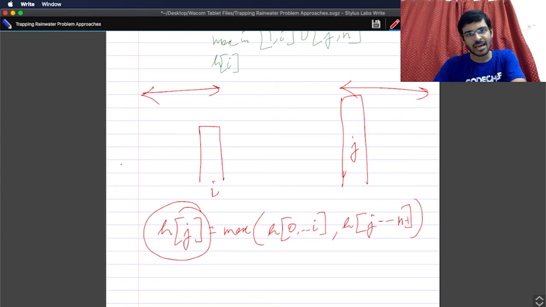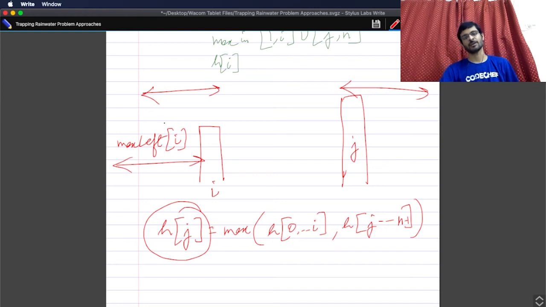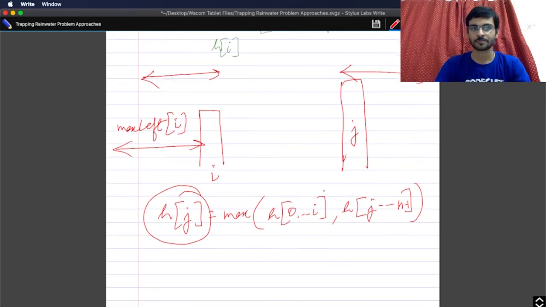Suppose it is the case, what can I say? That till i, suppose we have got some value which is nothing but max left of i. We have h[j] and we have the max left of i. Max left of i is definitely going to dictate how much can be present, because this is always going to be greater than or equal to h[j].